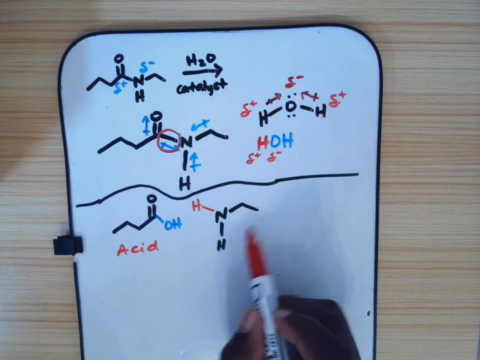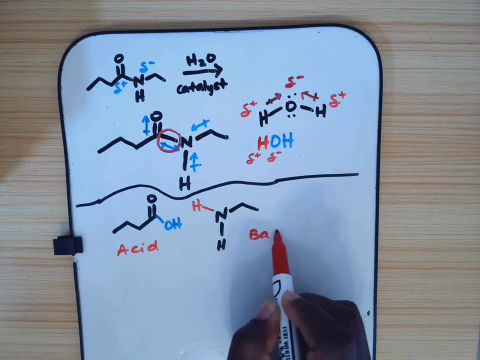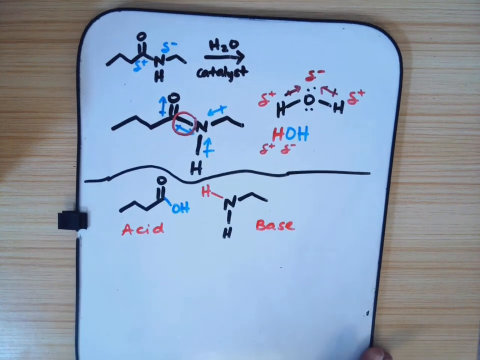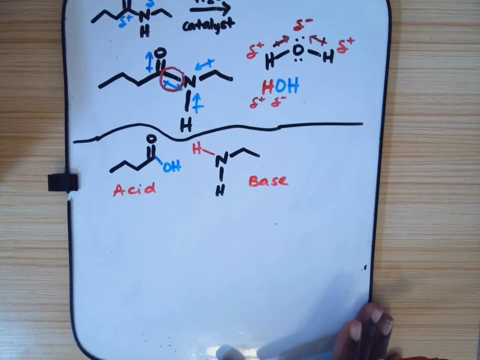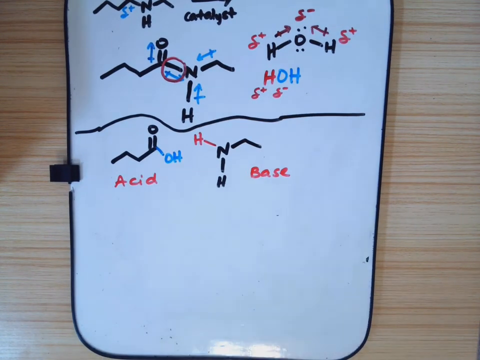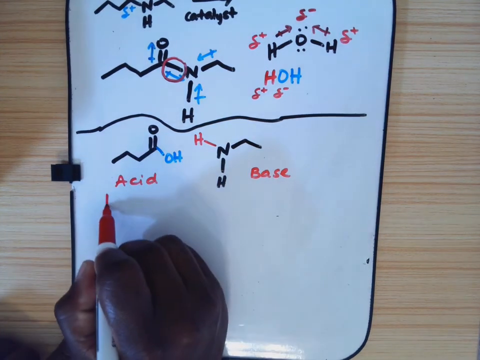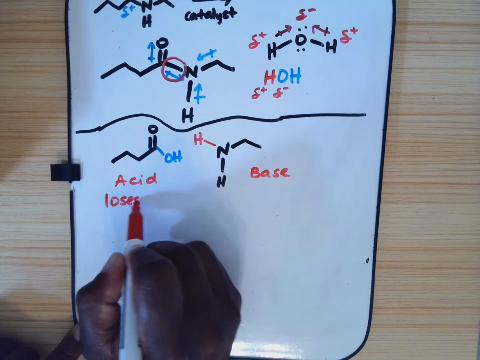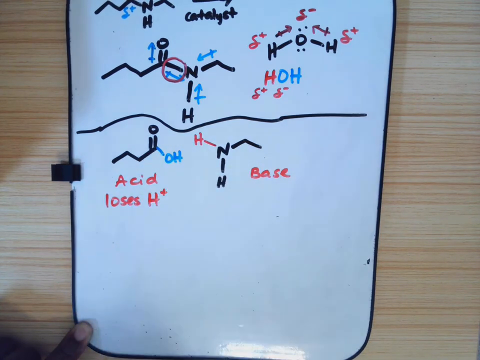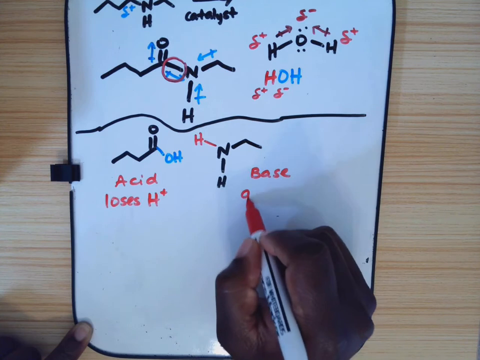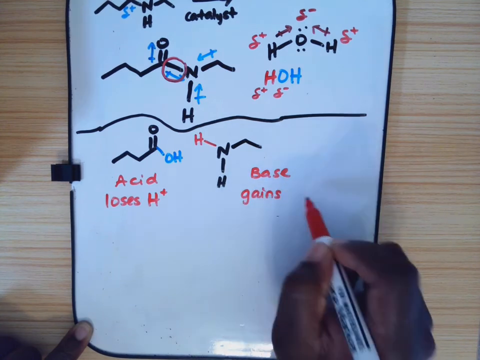We have an amine, which is a weak base. Whenever you have an acid and a base in the presence of one another, an acid-base reaction can take place. Recall that acid-base reactions involve a proton that is transferred from one thing to the other. The acid loses a proton. Remember, protons are simply hydrogen ions. The base gains a proton.